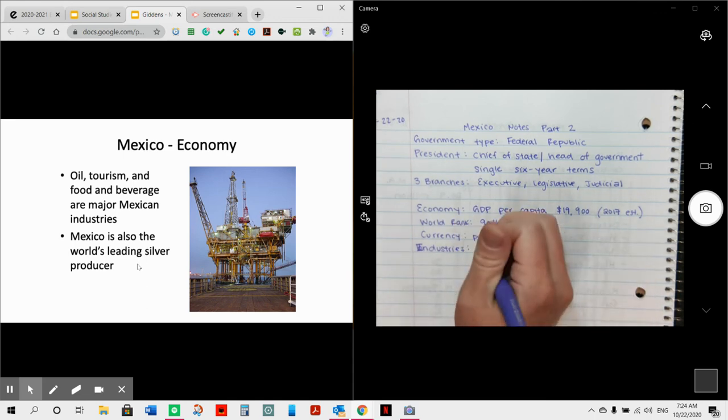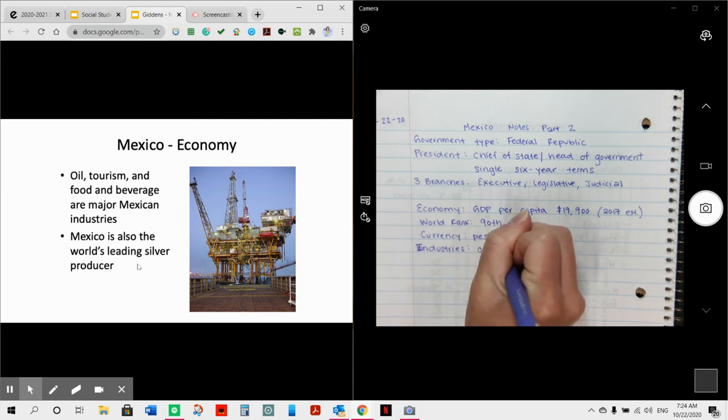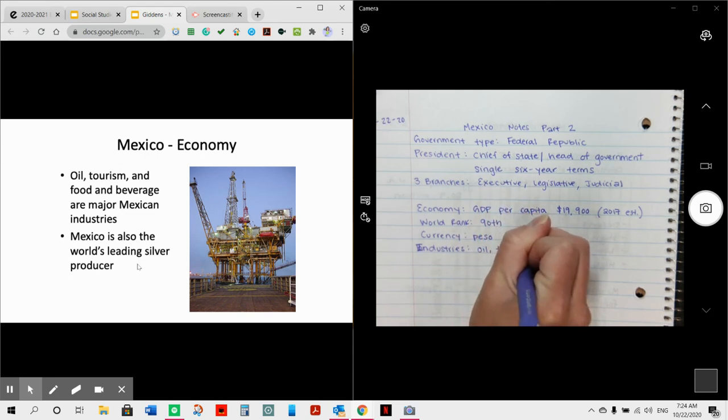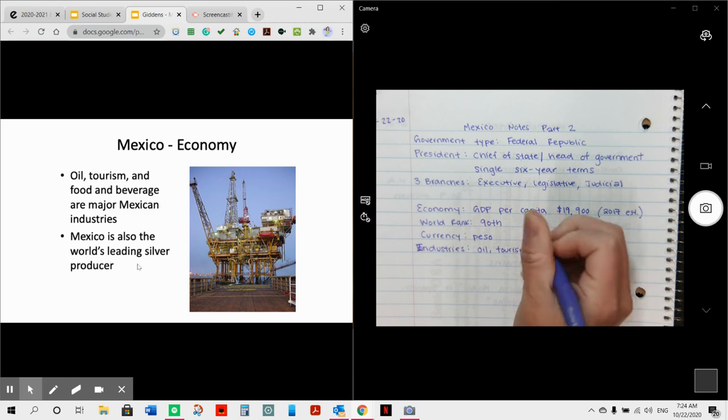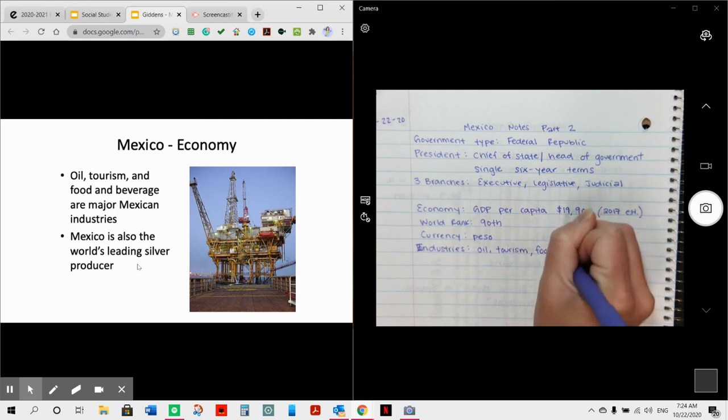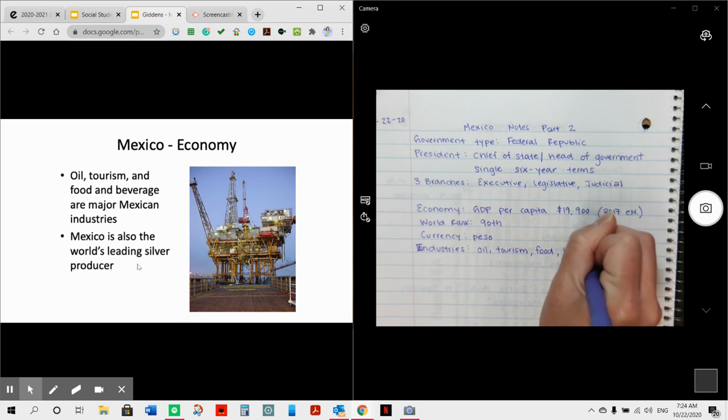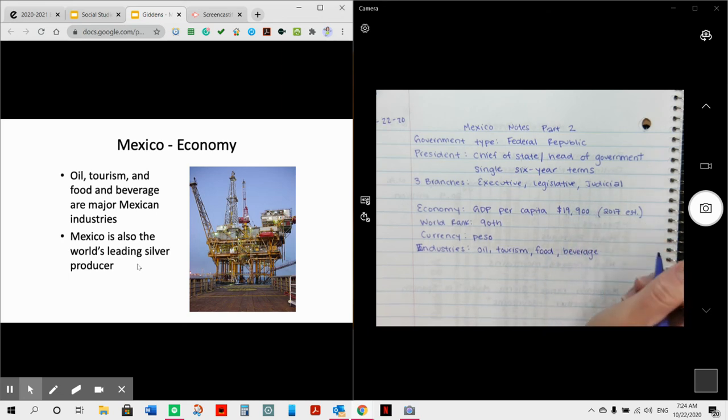So we're going to say oil, tourism, like people traveling and visiting there, food, beverage, so like restaurants, when people go out to eat, and then we're going to write comma silver, because they're a leading silver producer. Those are their popular industries.